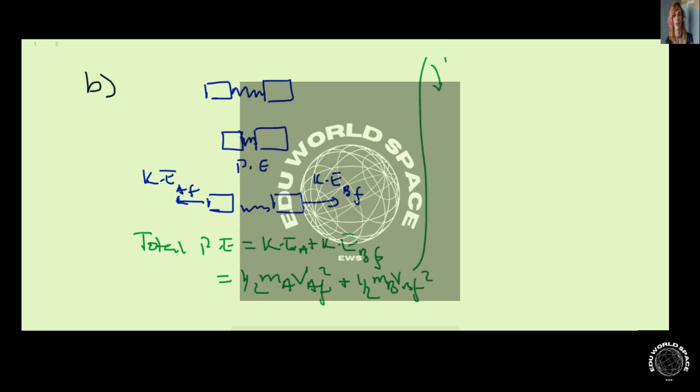Pulling out the 1/2, we're left with m_A v_A final squared plus m_B v_B final squared.